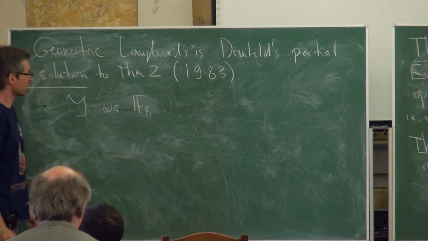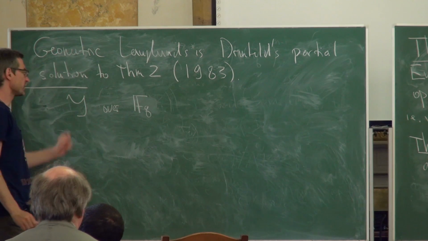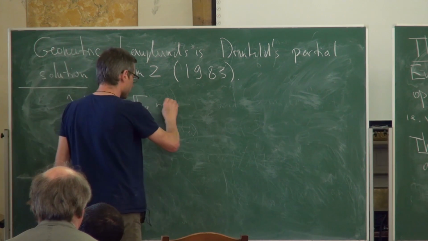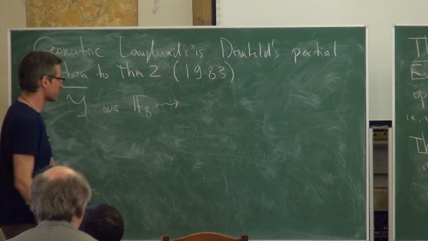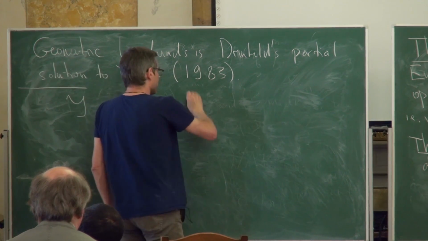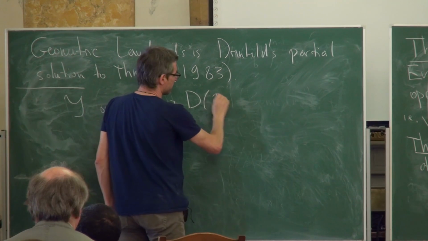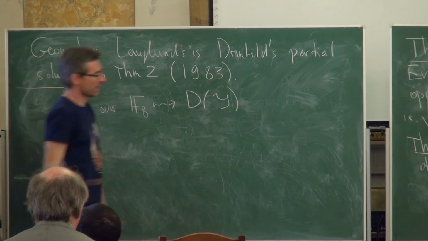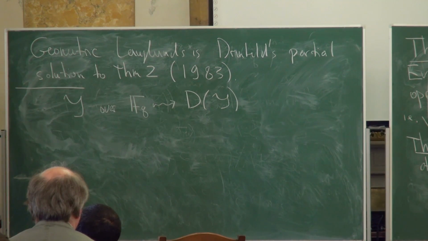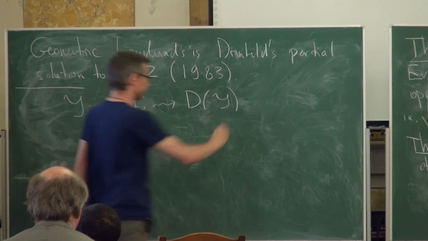In this case, one can talk about the category of ℓ-adic sheaves on Y. So to Y, one attaches, and let me call it D(Y). It'll be the derived category of constructible ℓ-adic sheaves.